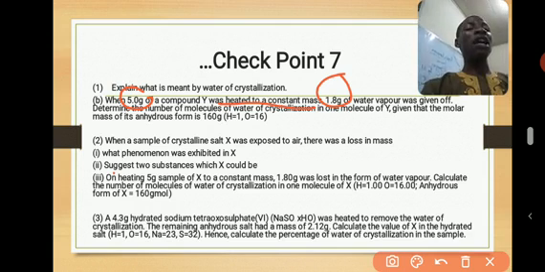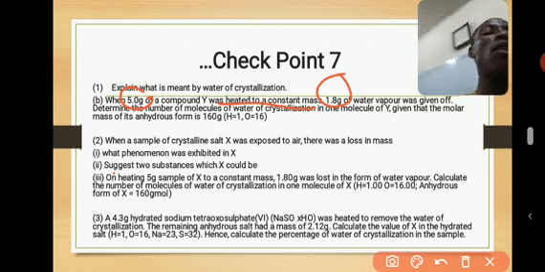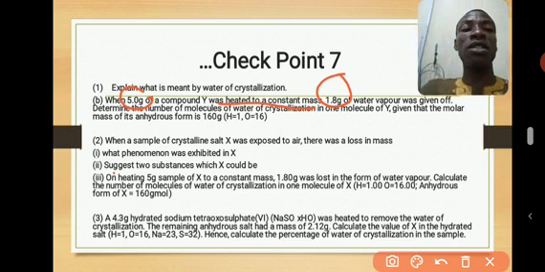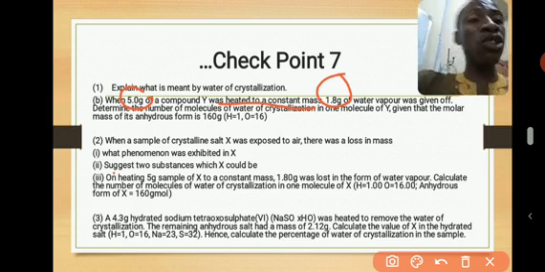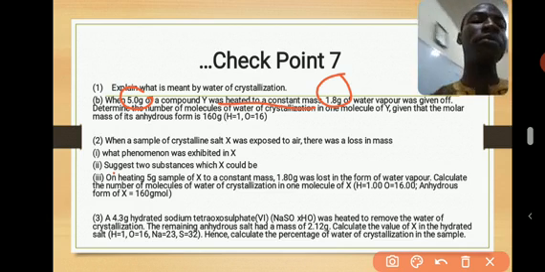So you don't need to start calculating, but you will still calculate to know what mass of the salt will remain. If the salt was 5.0 gram when there's water of hydration, then after you heat it, 1.8 gram of water was lost. You will still be able to know how much of the anhydrous salt, that is the one without water of crystallization, actually remained.